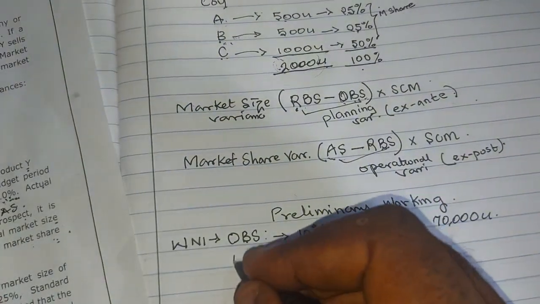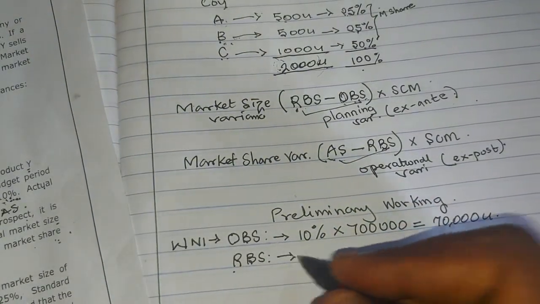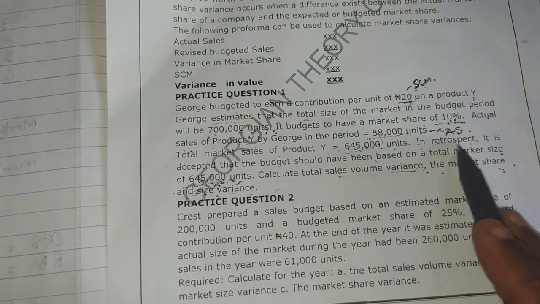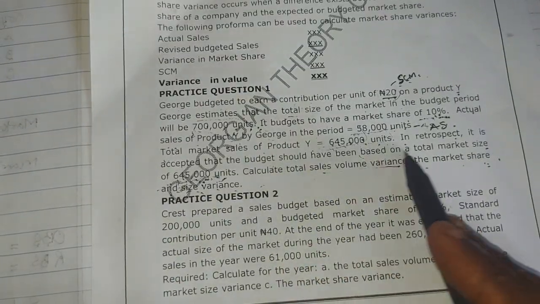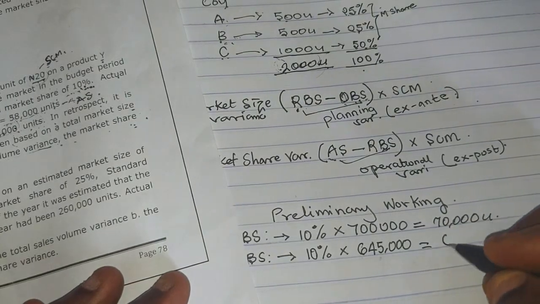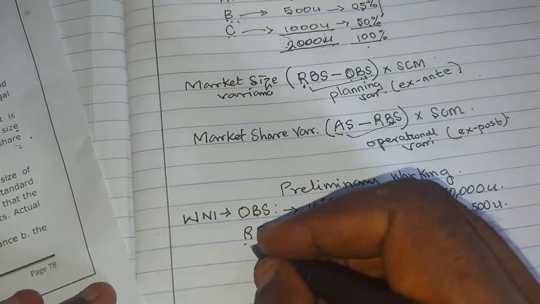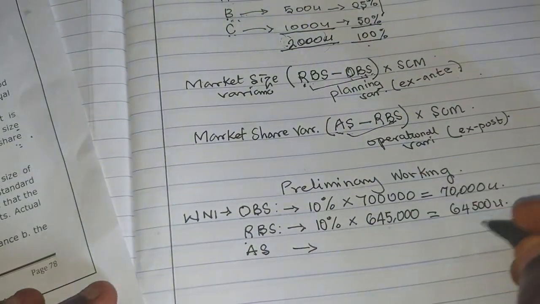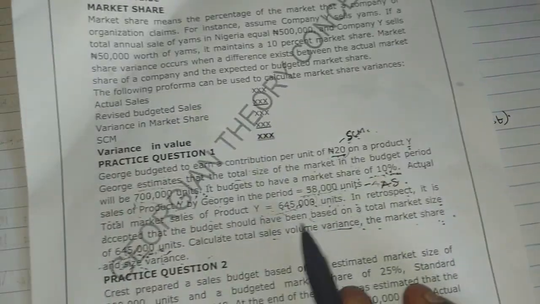Then we need to calculate the revised projected sales, which is also 10% of the revised market size of 645,000, and that is 64,500 units. Our actual sales, as given in the question, is 58,000 units.